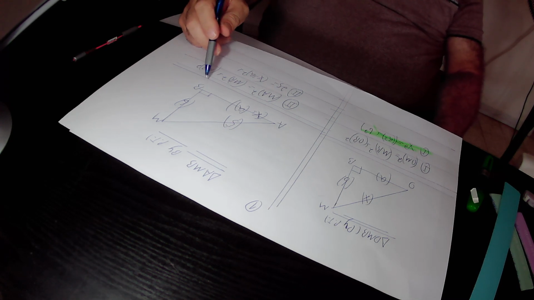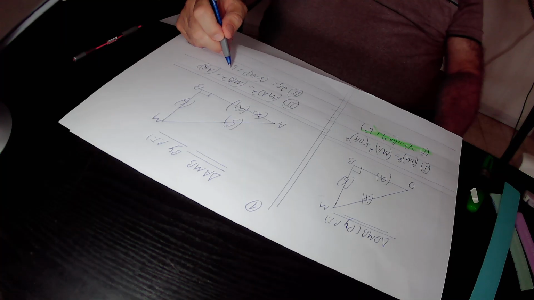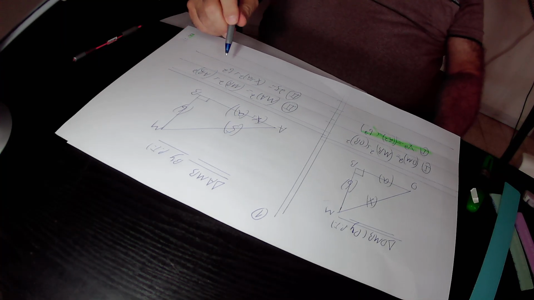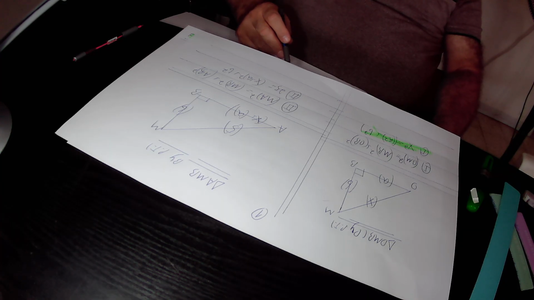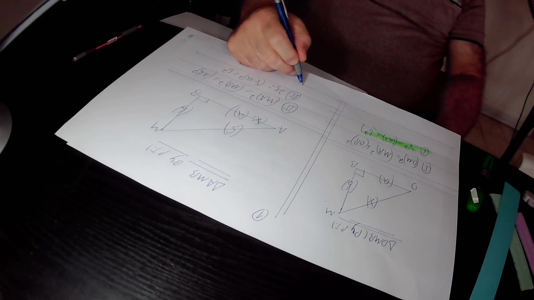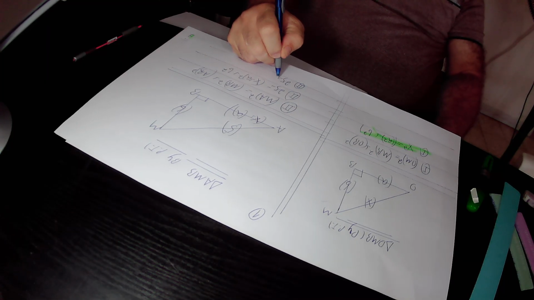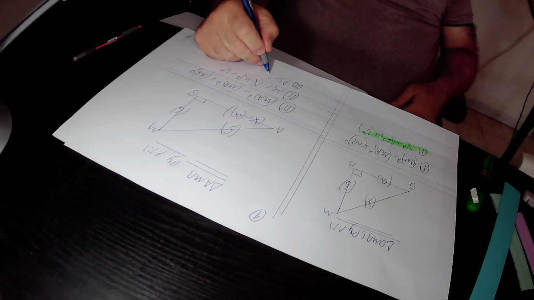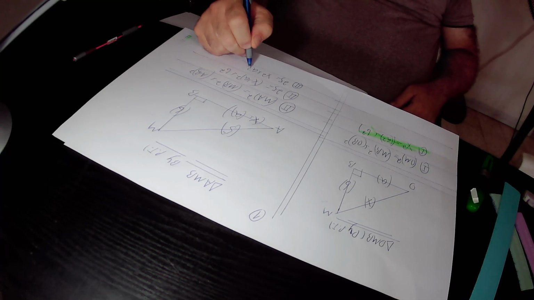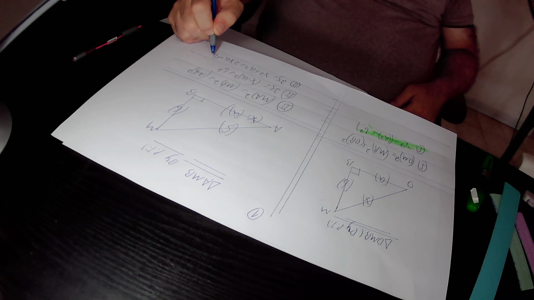AB is x plus a, therefore AB squared is (x plus a) squared, plus MB squared. MB is b, therefore MB squared is b squared. So in total, according to the Pythagoras theorem in right triangle AMB, 25 equals (x plus a) squared plus b squared. So this is equation 2. So according to equation 2, 25 equals (x plus a) squared. (x plus a) squared equals x squared plus a squared plus 2 times x times a plus b squared.